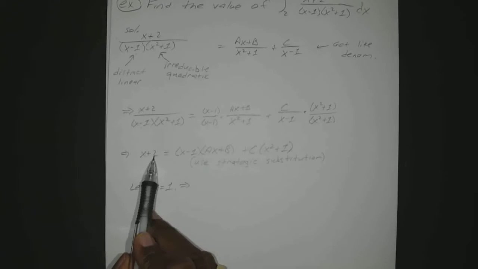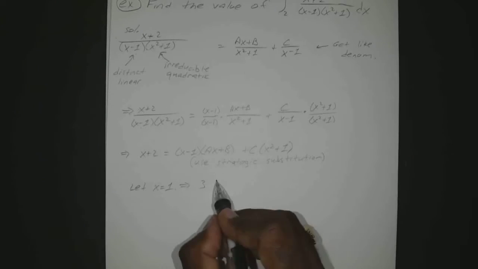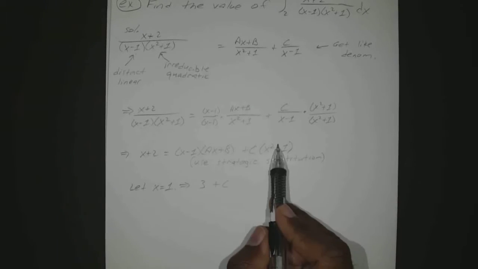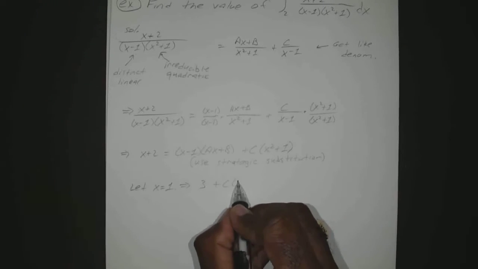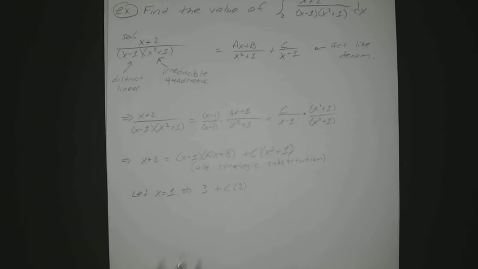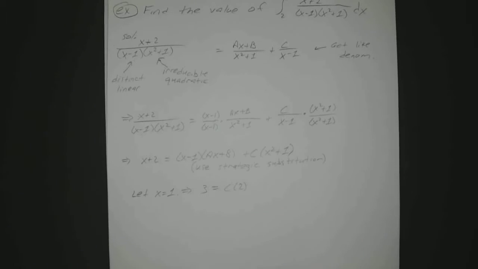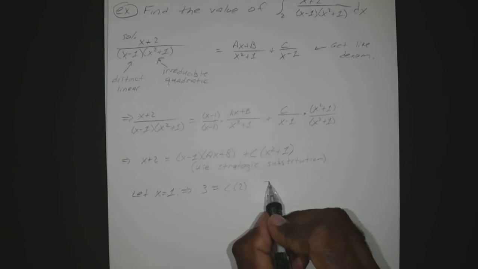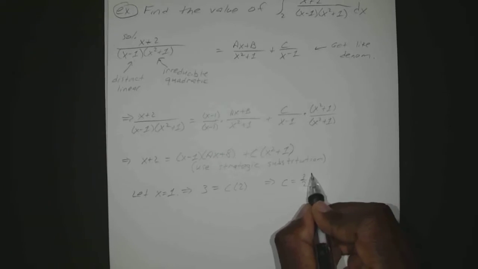So you have 1 plus 2, which is 3. That disappears. 1 times 1 is 1, plus 1 is 2, so you have 2c. Divide both sides by 2, you have c equals 3 over 2.